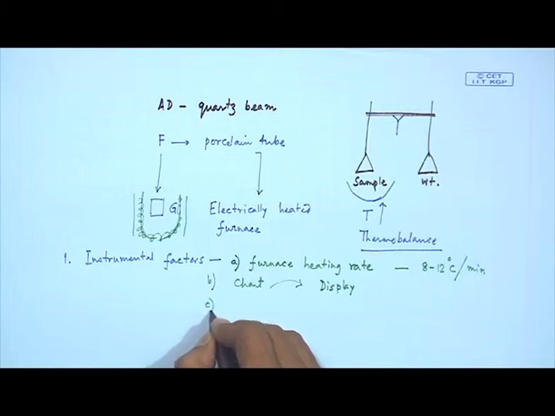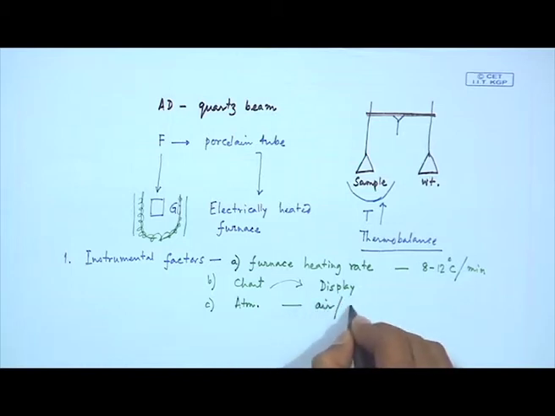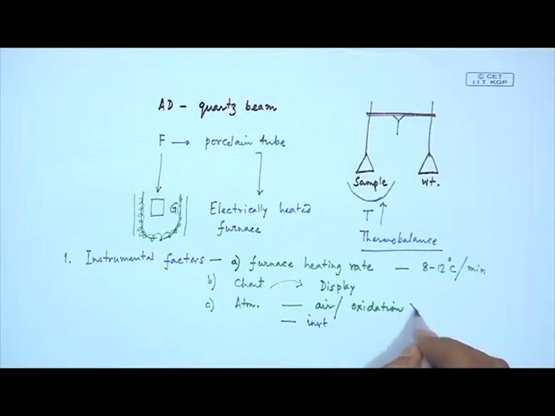Then it is dependent on the furnace atmosphere, as we have seen just now, that if it is air, we can expect that there is some oxidation of the material. So, we can have air or we can have some inert atmosphere, where we do not expect any kind of oxidation or sometimes the typical decomposition.